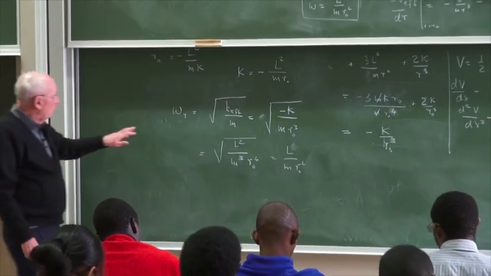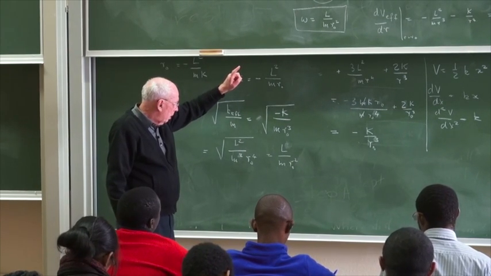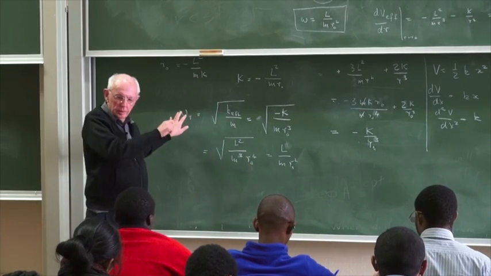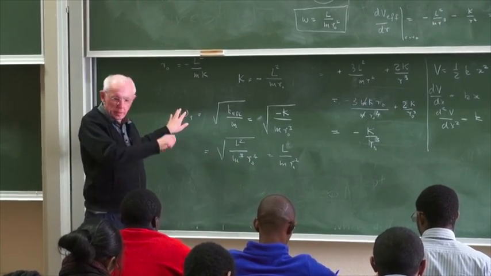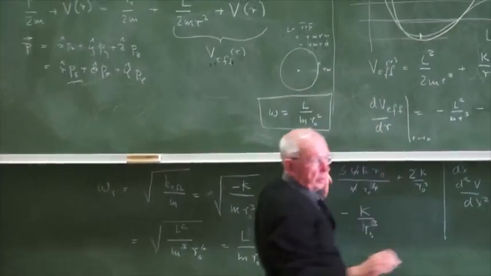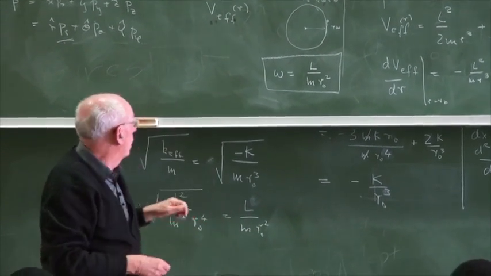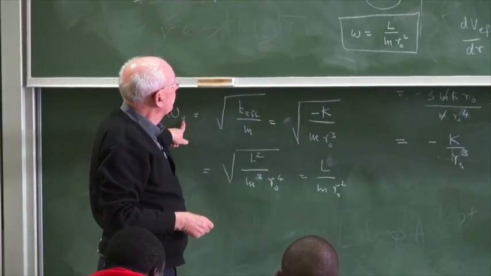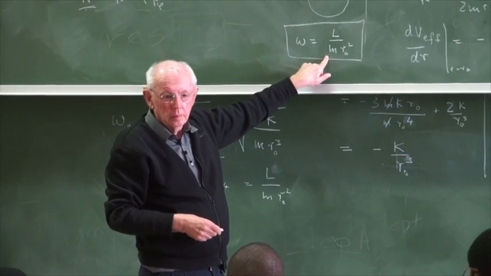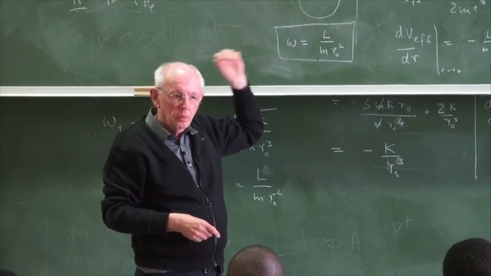Okay, so remember we've chosen an L, we've calculated an R0, and now we have a frequency with which this thing moves around this circular movement. But if you look at this expression, it's the same as this expression. And so what does that mean?